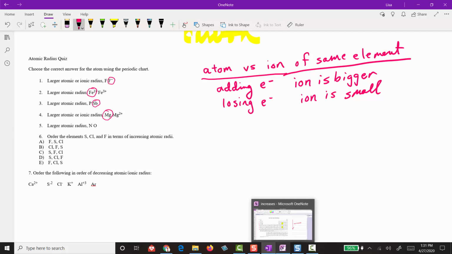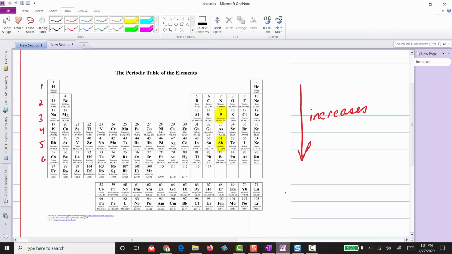And then looking at nitrogen versus oxygen, again, 2 neutral atoms. We're looking at the trend, whereas that trend is it decreases. And remember, atomic radius is a pure trend. It doesn't have that little deviation in the trend that ionization energy does.